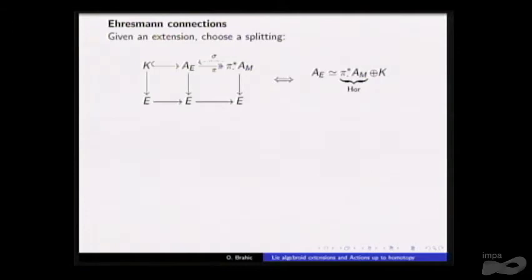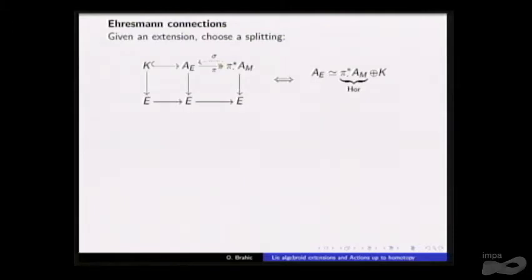So that now you have an exact sequence of vector bundles over the same base, covering the identity, and you just take a splitting of this map, okay? And another way of saying it is that you basically split your total Lie algebroid A_E as one part which is the kernel, which is vertical, and one part which would be the image of sigma here, and which is horizontal.